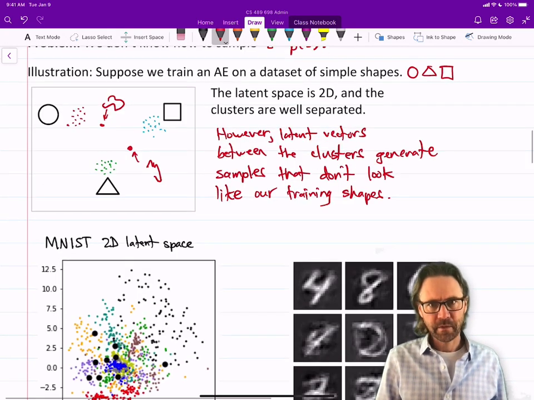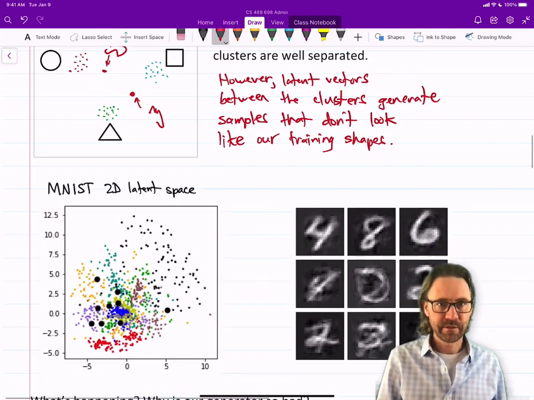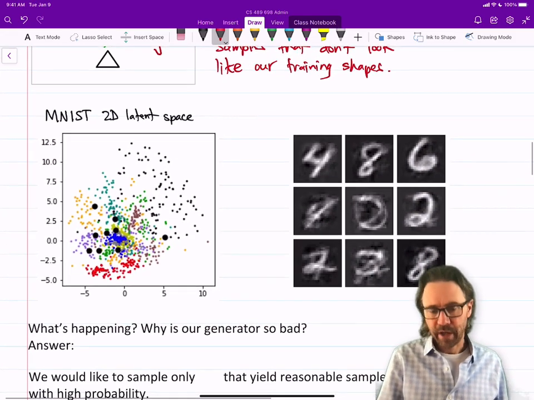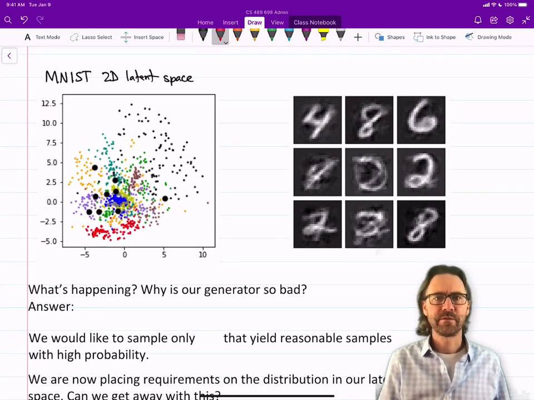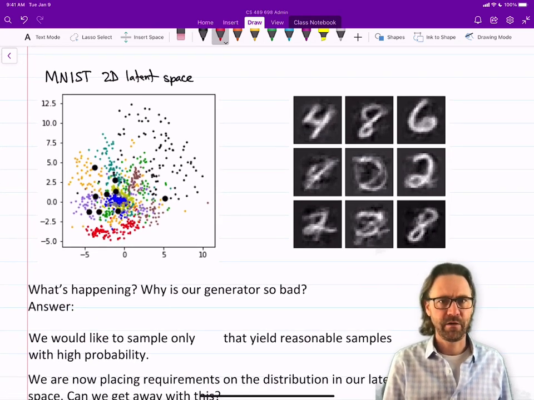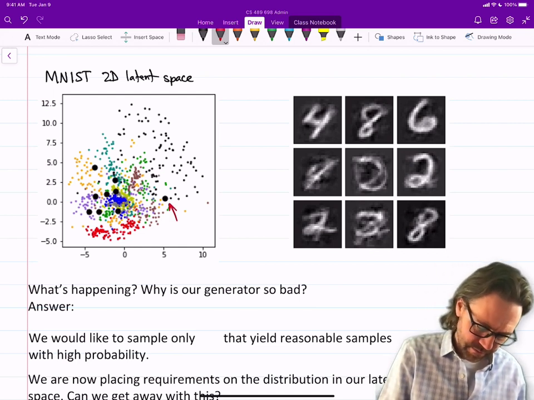Okay, another example, MNIST. I trained an autoencoder on MNIST, and then I just generated a bunch of random samples. You can see the random samples here are in black.